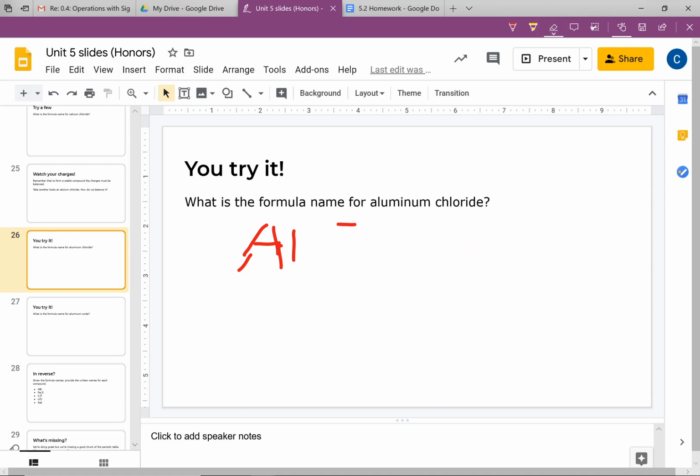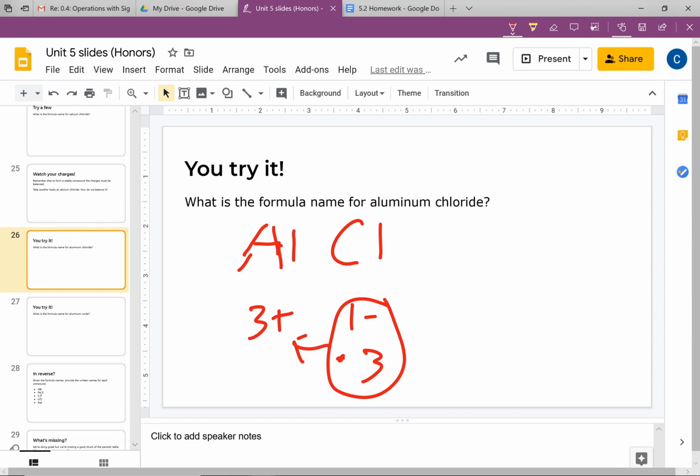Well, and I'm going to put the charges underneath here. We've got 1-. Think about it kind of like in terms of multiplication, right? We need 3 of these -1 charges to equal the +3 charge from 1 aluminum. So we need 3 chlorides here.